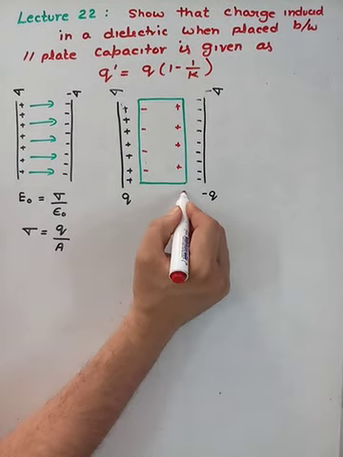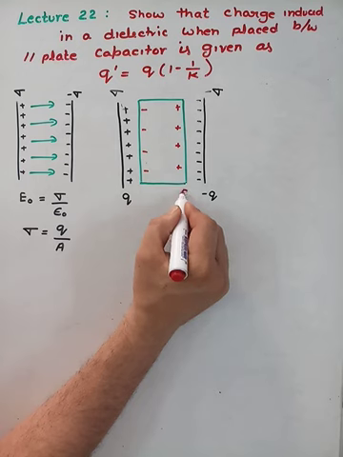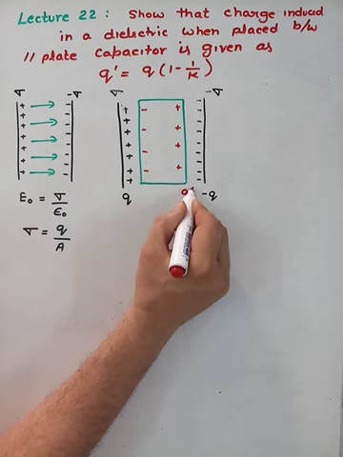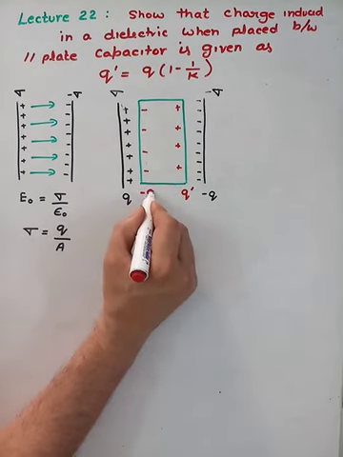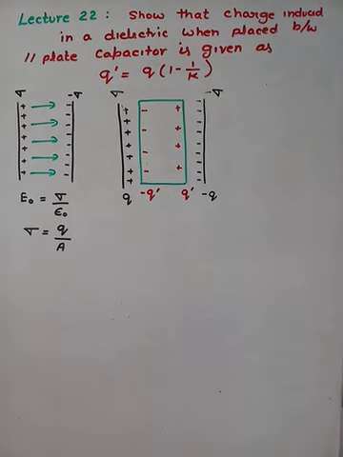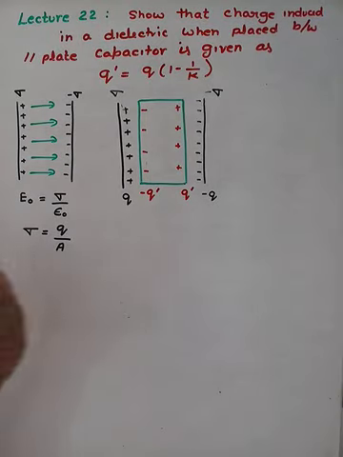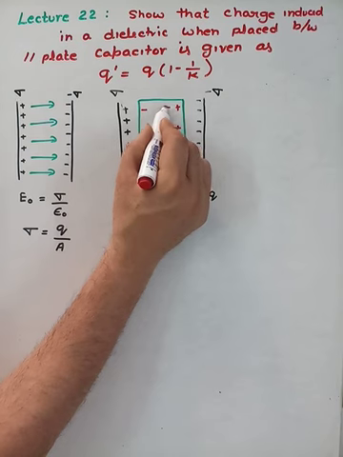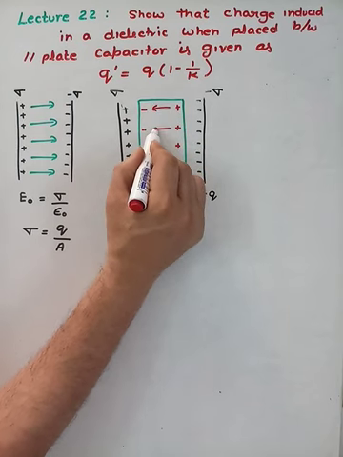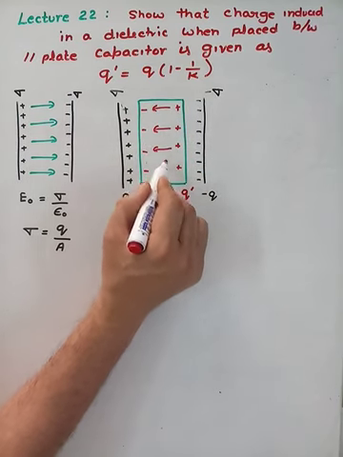Now charge on this surface is taken as Q dash and charge on this surface is minus Q dash. Now the field is in this direction, which is developed inside the dielectric.